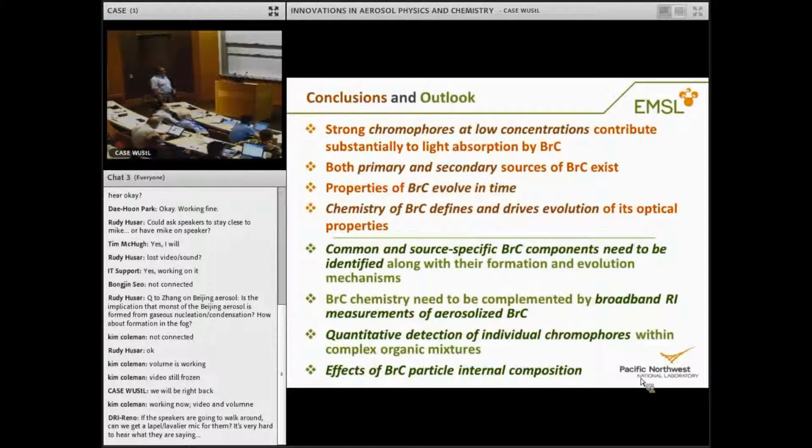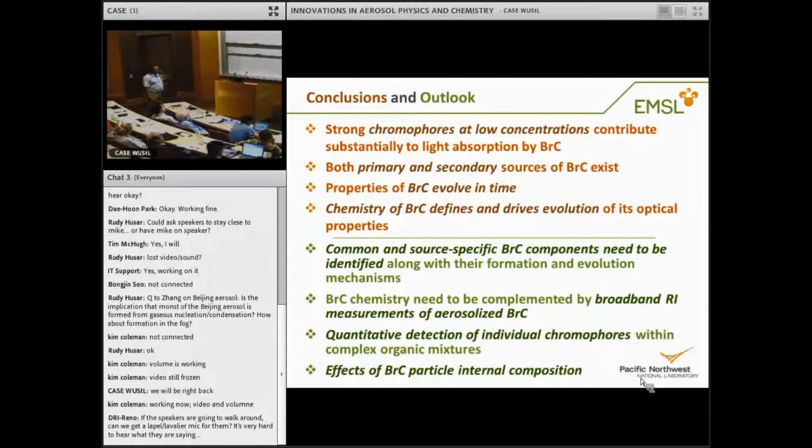We think that common and source-specific components, or chromophores, need to be identified and compared between materials from different sources. Then we would like to study how they behave as a function of time.